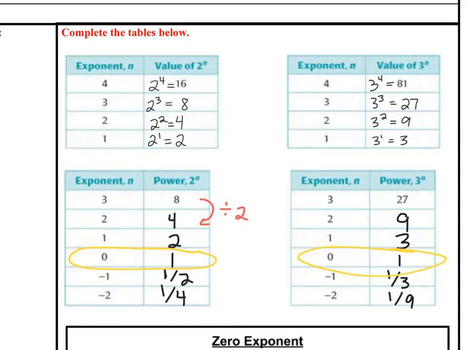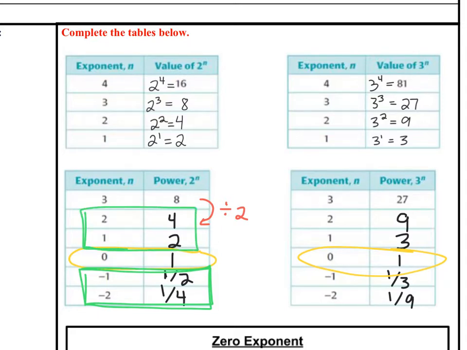Now, can you please look at this bottom part here? Can you please compare an exponent of positive 2 and positive 1 to an exponent of negative 2 and negative 1. Discuss with your partner, what do you notice?